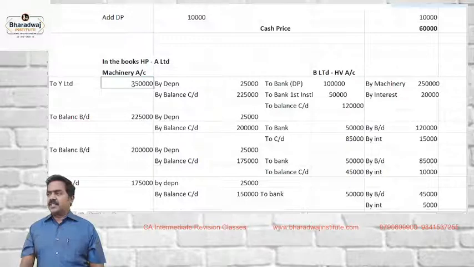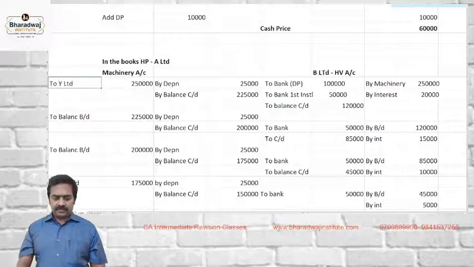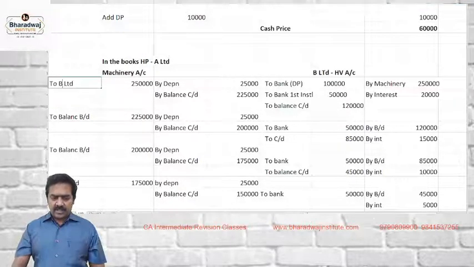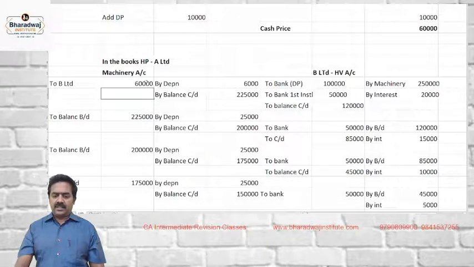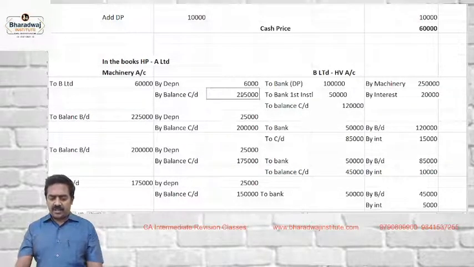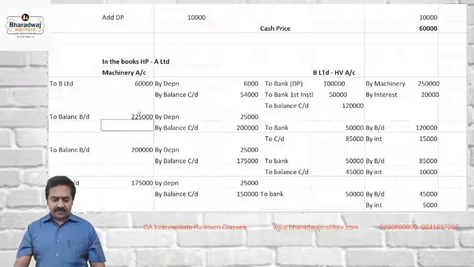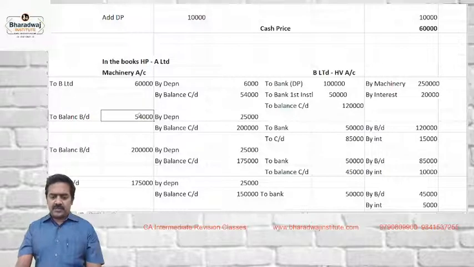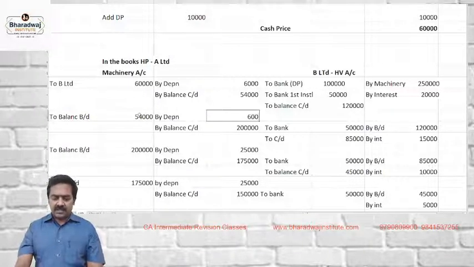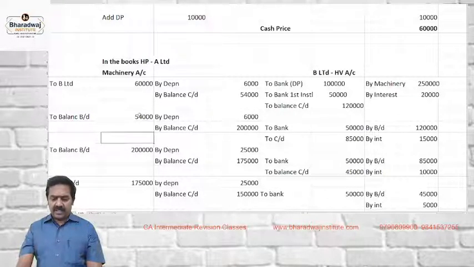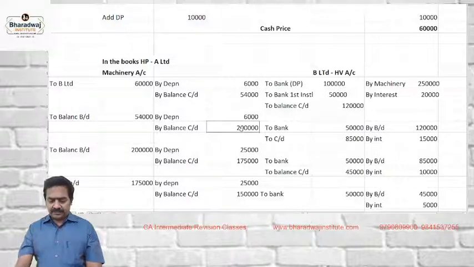What is the cash price of the machine? 60,000. You will provide depreciation every year. So it will be like 54,000 for the first year. Let's assume 10% depreciation. 54,000 for the second year. 6,000, then 48,000 like that. This will continue.